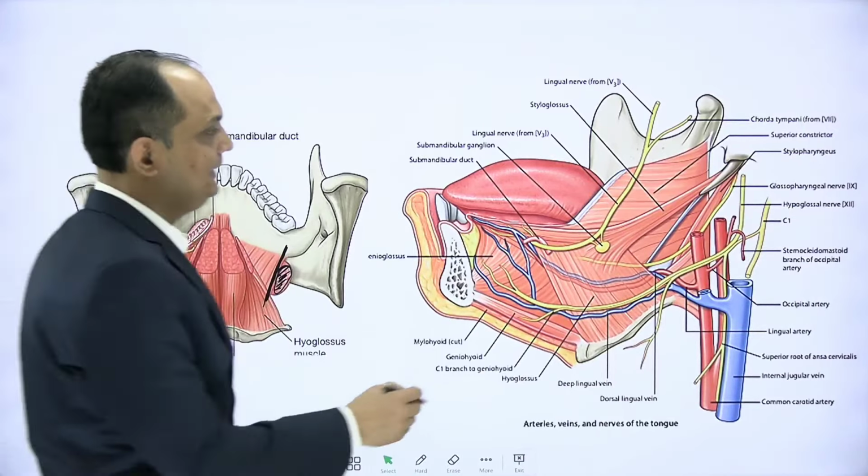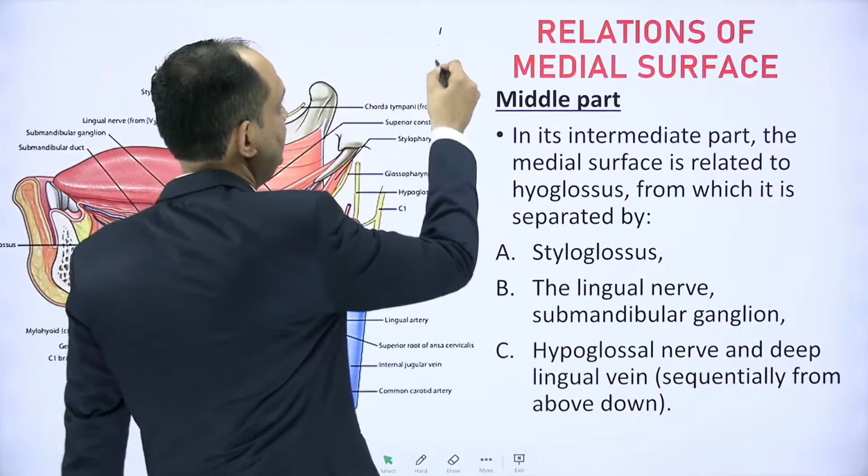So between the lateral wall of pharynx and this cut portion of submandibular gland, you have structures like styloglossus muscle, stylohyoid ligament, glossopharyngeal nerve, hypoglossal nerve. Clear?